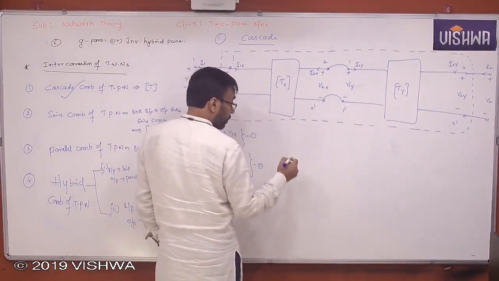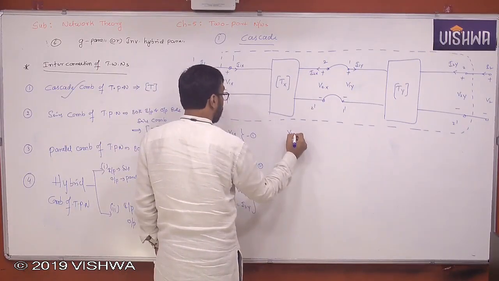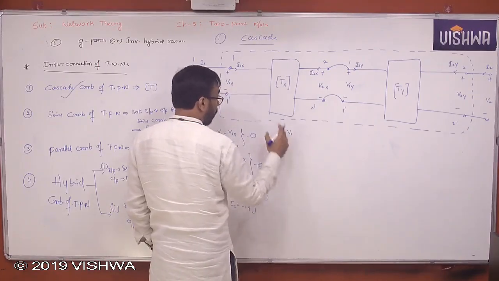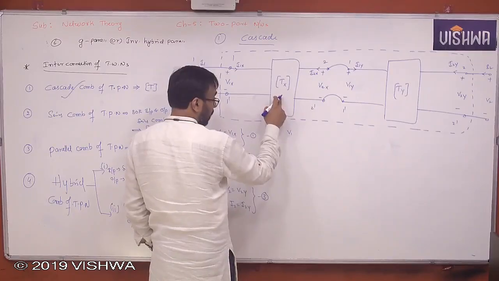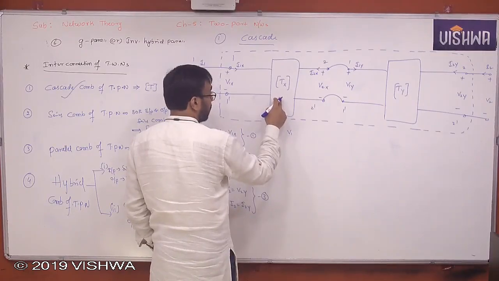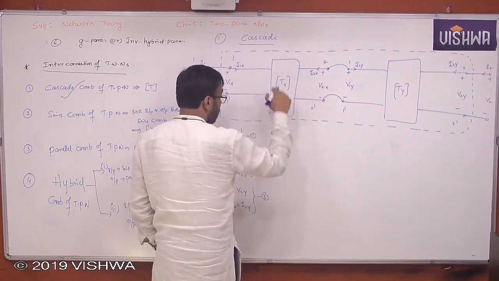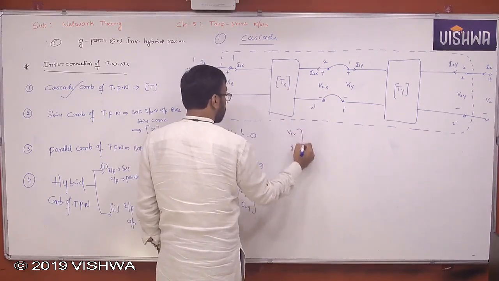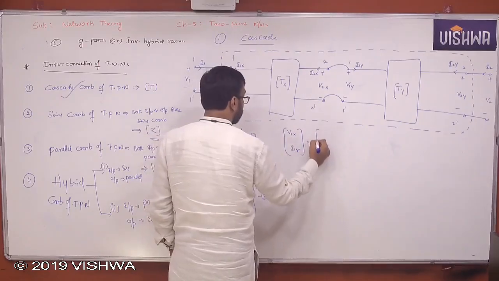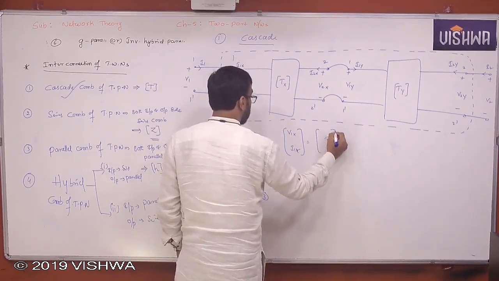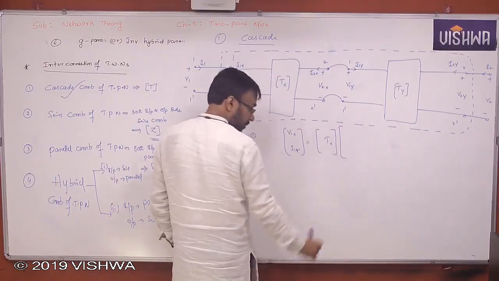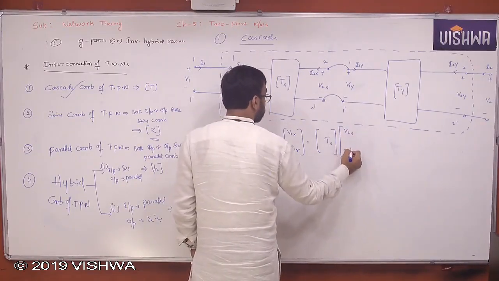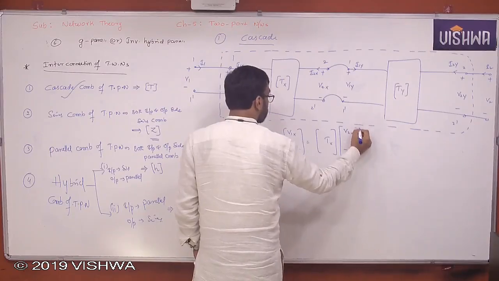Now what is actually the relation between V1, I1, V2, I2 of the first network? V1x and I1x will be in terms of Tx, okay, V2x, minus I2x.